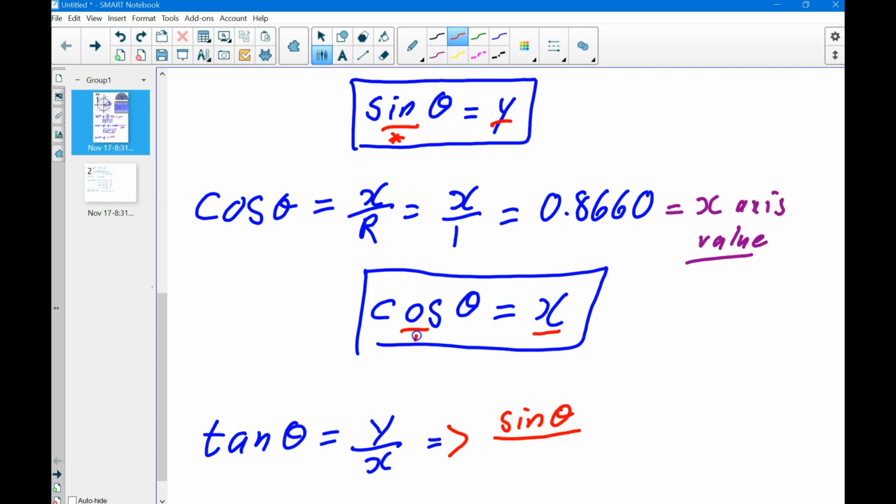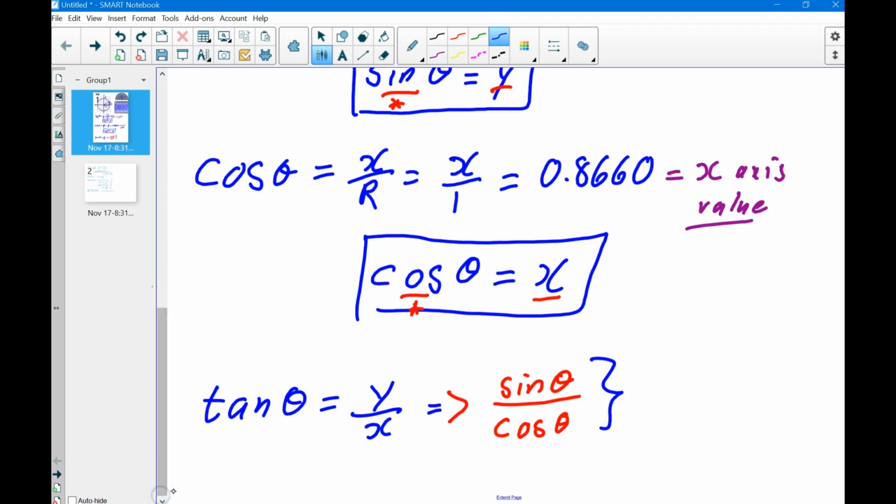The bottom, if I use cosine theta instead of x, would turn into cosine theta. Neat, eh? So that's where this piece here comes from in terms of the trig identities. Let's take it a little further.